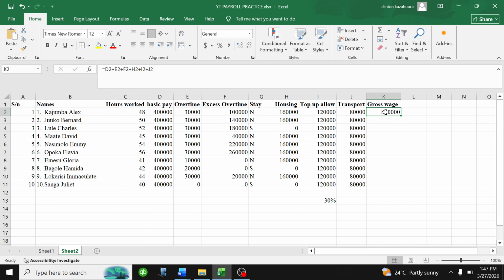So when I click there, then apply to the next cells, you realize that we are having our gross pay. So we go to the deductions, mandatory deductions.